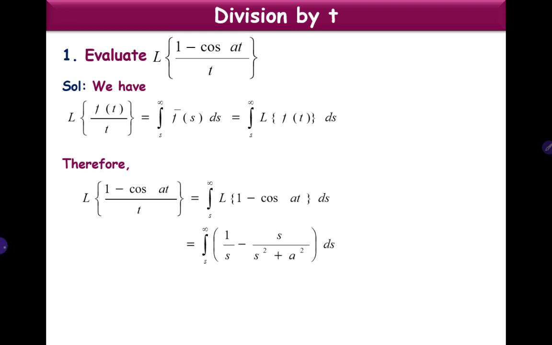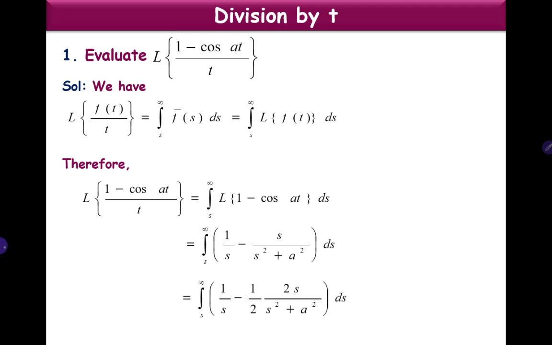What is L of 1? It is 1 by s, minus L of cos at, which is s by s square plus a square. So now we have to integrate 1 by s minus s by s square plus a square with respect to s within the limits s to infinity.